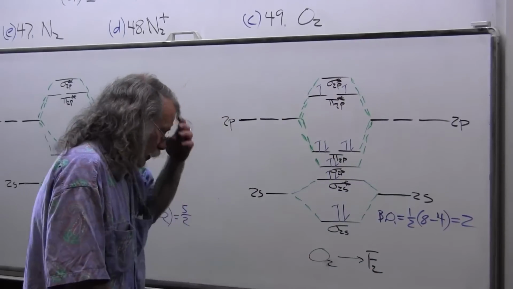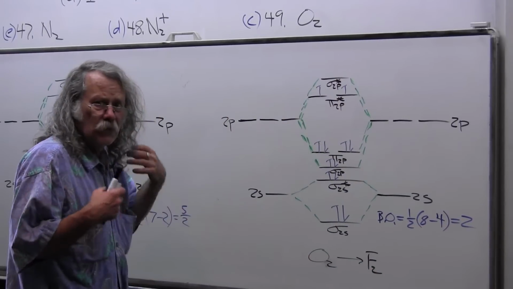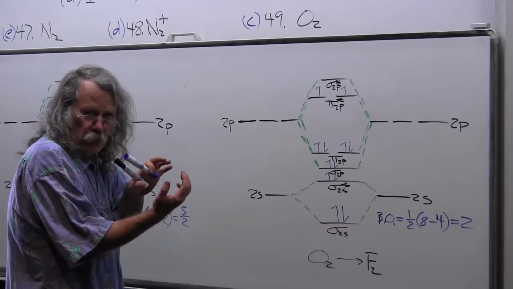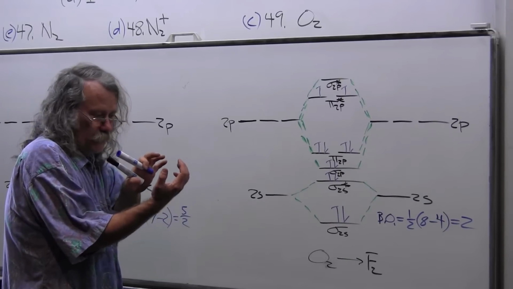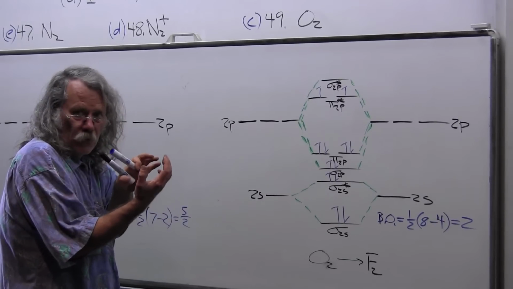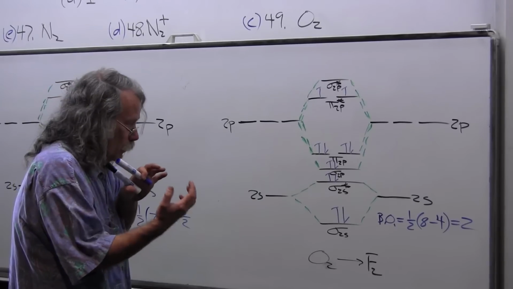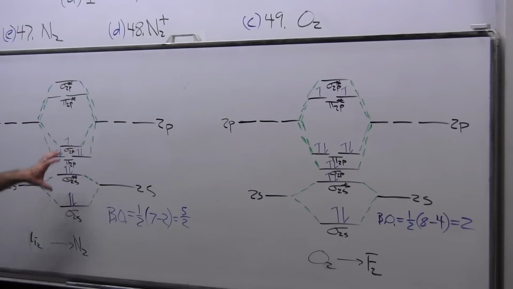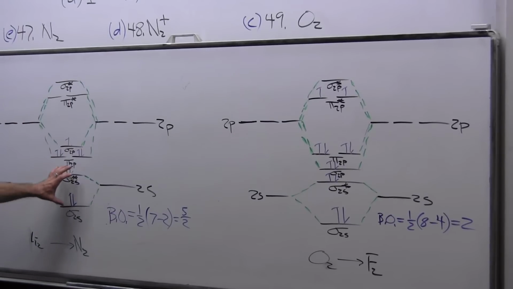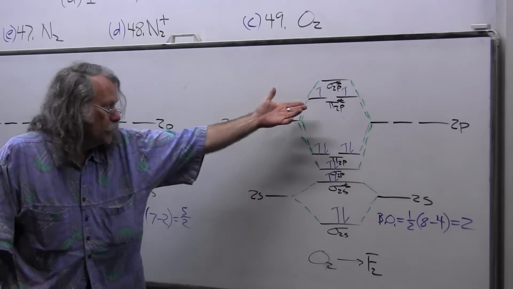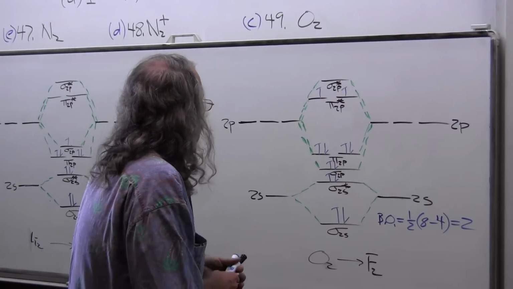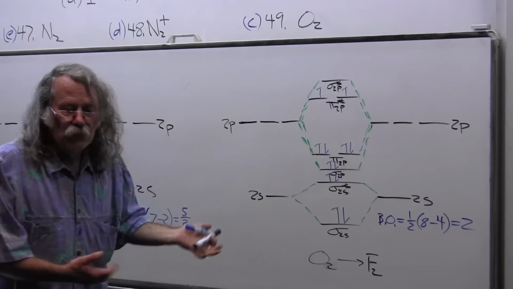So the oxygen cation is going to have a shorter bond distance and a stronger bond than the parent O2 molecule, which is completely different than the behavior which we would predict for nitrogen. And it has to do with the nature of the highest occupied molecular orbital. And, well, although we've just answered this question.